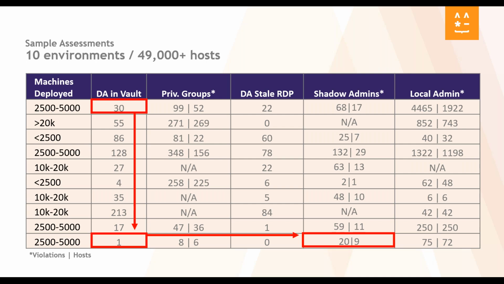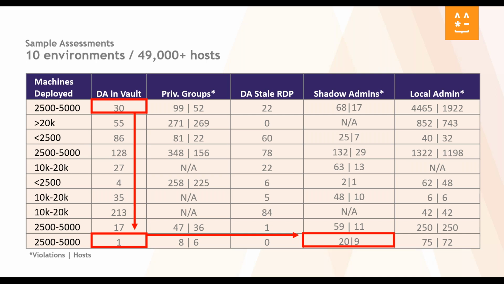If we jump over to another facet in this exact same organization, shadow administrator accounts. Now a shadow administrator account is, let's say, an account that is not a member of a privileged group. So this is just a standard user credential, but through ACL in Active Directory, that credential is highly privileged.